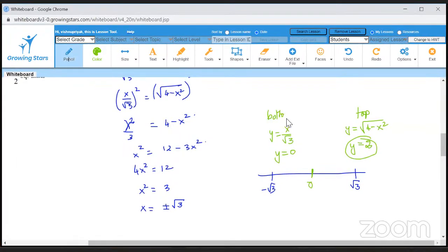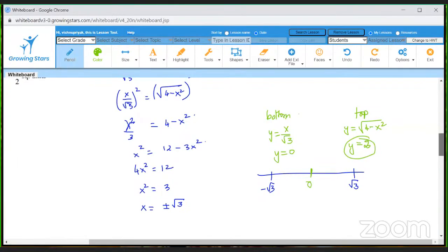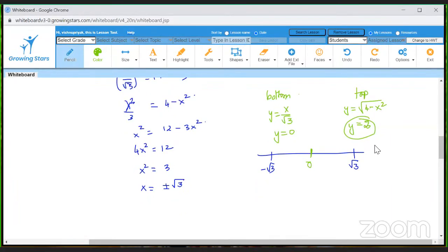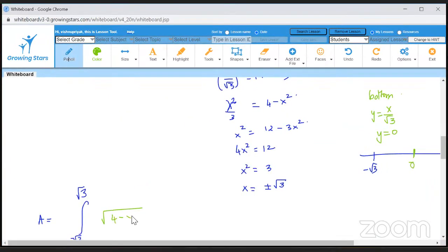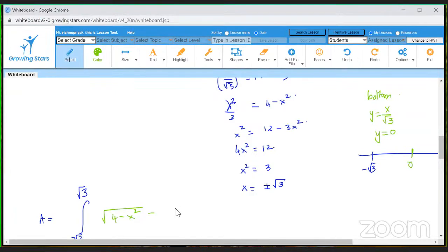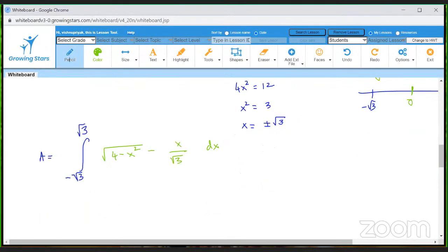This will be the bottom. Like this, without the graph you can see. So now the area will be top, square root of 4 minus x square, minus bottom, x by square root of 3, dx. Everywhere x.